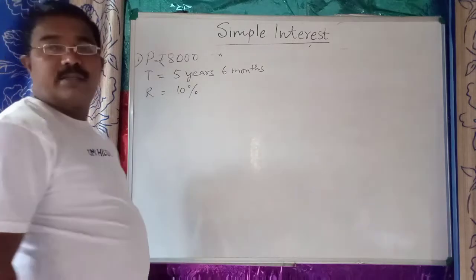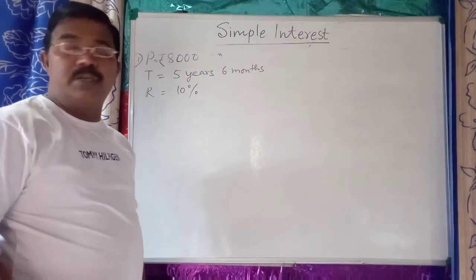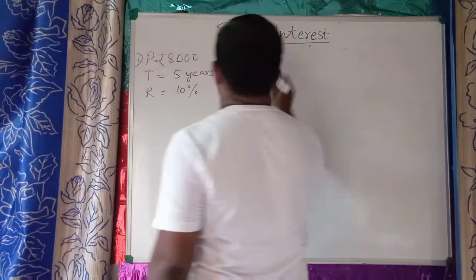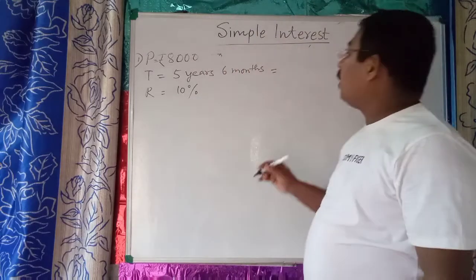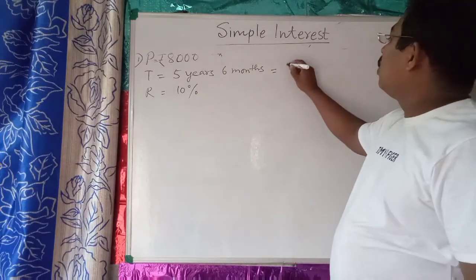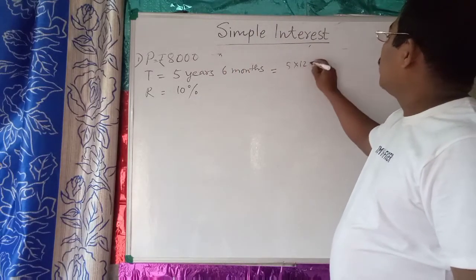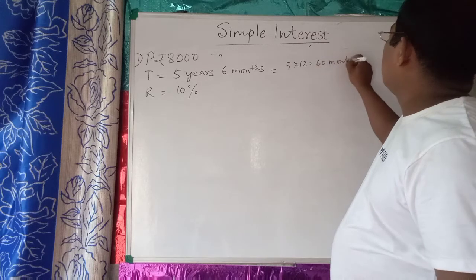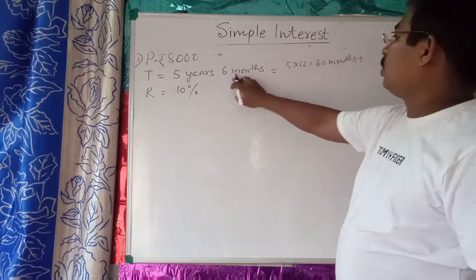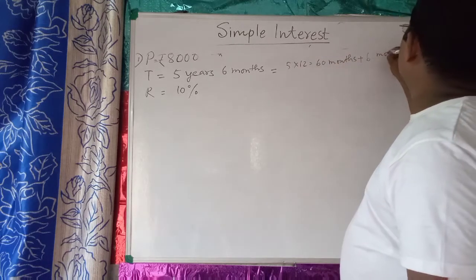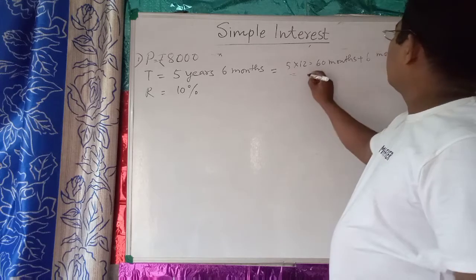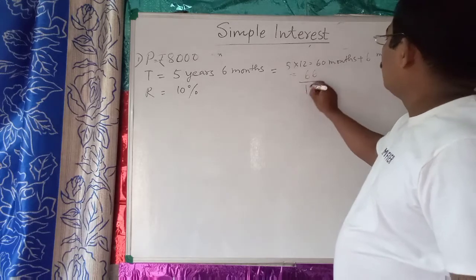You cannot write it as 5.6, but you have to change this into years. How can we change? 5 years means 5 into 12, that is 60 months, plus 6 more months. So we can say 66 by 12 years.